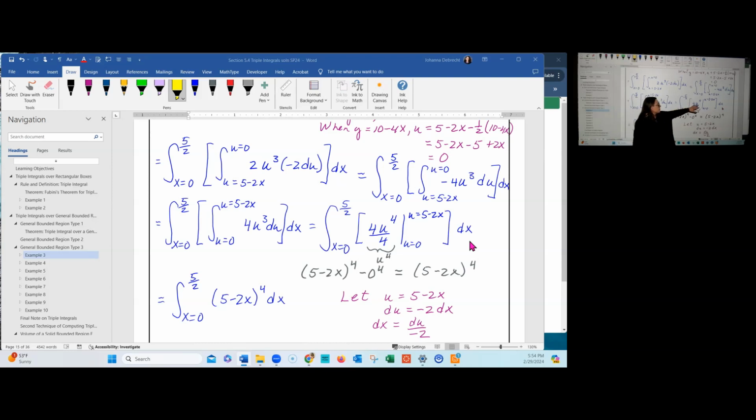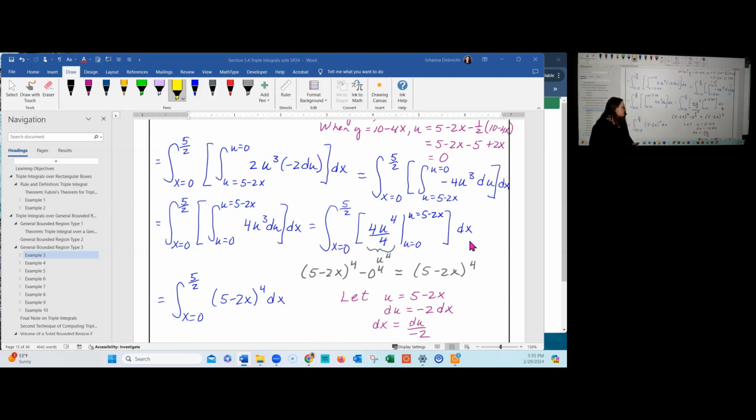When you integrate, you get 4u to the 4th over 4, just u to the 4th. Again, when you evaluate, it's best to simply leave it as the quantity 5 minus 2x raised to the 4th power. This becomes the integrand for the final iterated integral on the outside, the integral from x equals 0 to 5/2 of the quantity 5 minus 2x all to the 4th power dx.